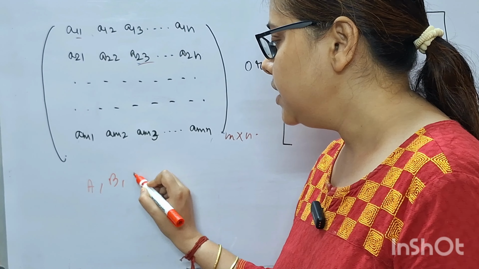Similarly, a2 plus b2, a3 plus b3, a4 plus b4. So you are getting the elements in the resultant matrix by adding the corresponding elements of A with the corresponding elements of B. The order of the matrix again is 2 by 2. This is the process of adding A and B.